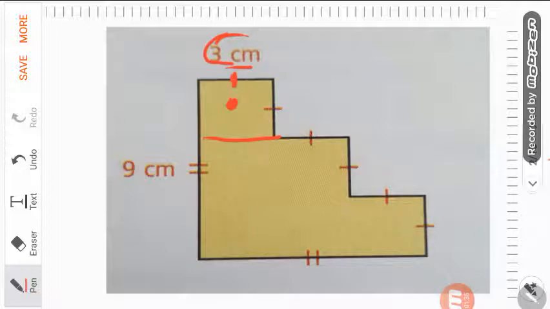This means that this side measures 3 centimeters, and you see the same symbol on this side, and again here. So this space measures 3 centimeters, this space measures 3 centimeters, this one measures 3, this one measures 3, and this one measures 3.